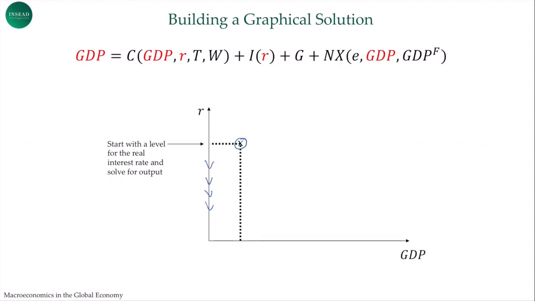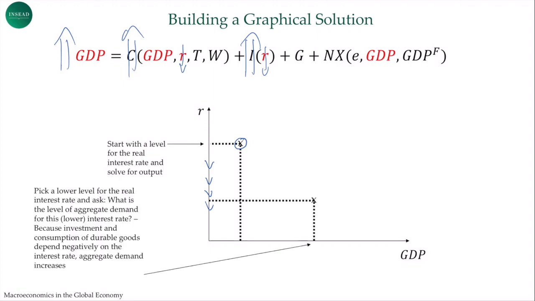Now, if you stare at the equation, you will see as the interest rate goes down, consumption is likely to increase. Remember, consumption depends negatively on the interest rate. Same for investment. So GDP is likely to increase, which means as we go down, we're going to move to a higher level of GDP. In other words, this curve is downward sloping, and this is the IS curve, the first block of our model.